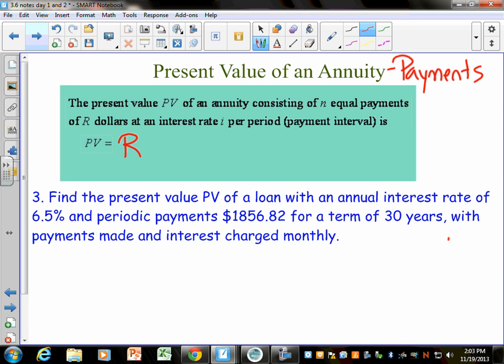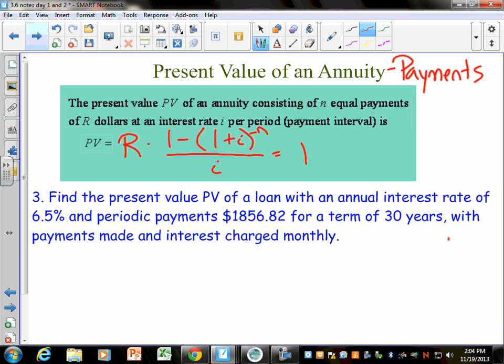Now R represents the payments, like the payment each month. So present value equals R times 1 minus parenthesis 1 plus I to the negative n, all divided by I. And again, I'm going to change those I's to K's and R's.